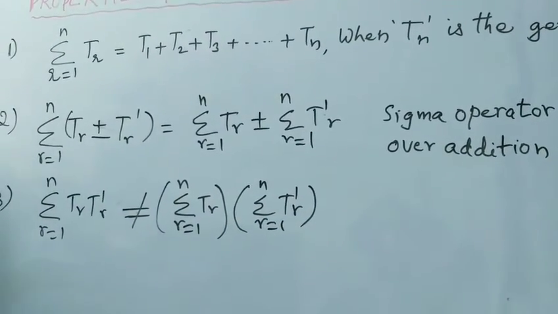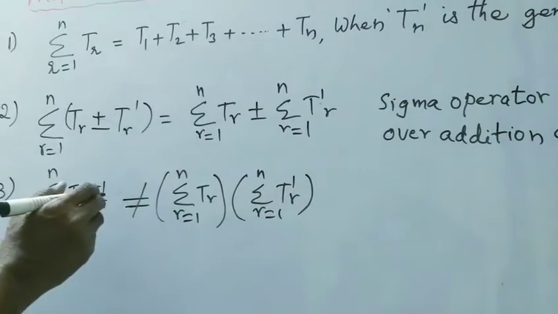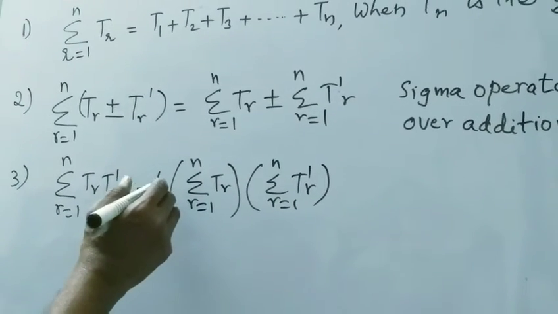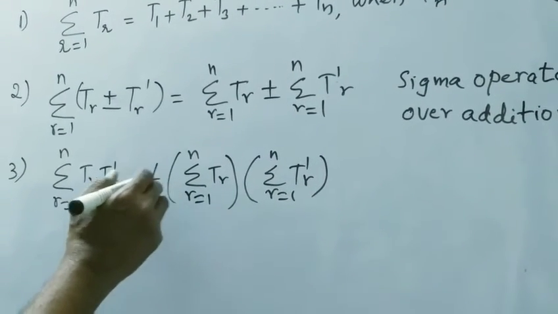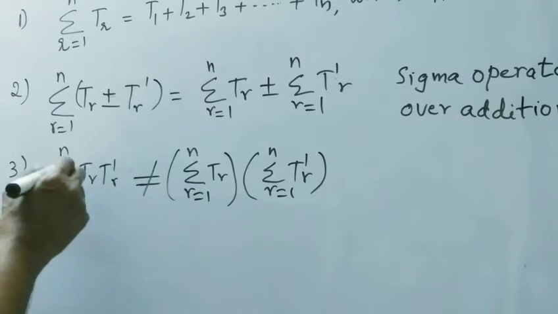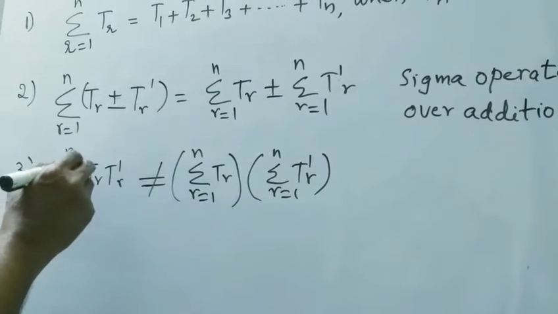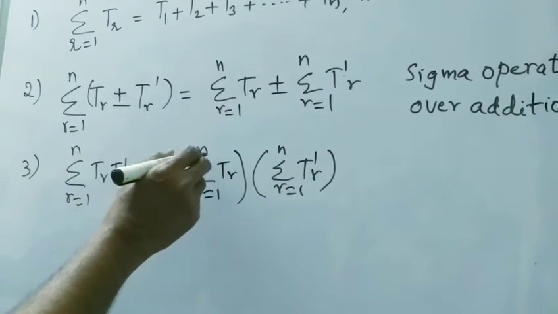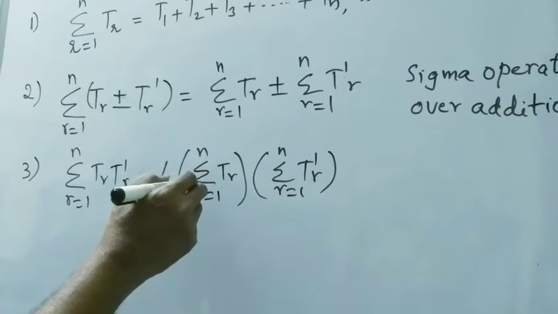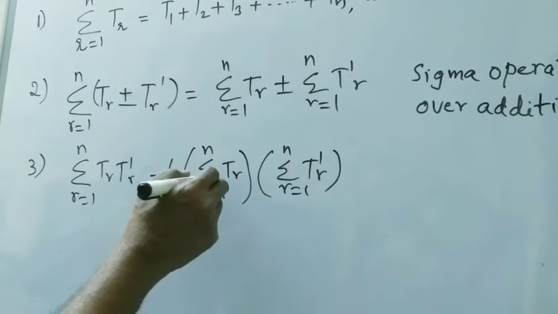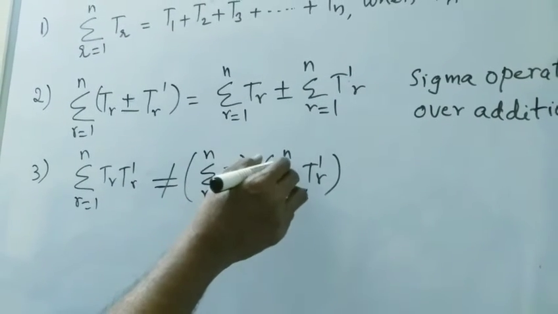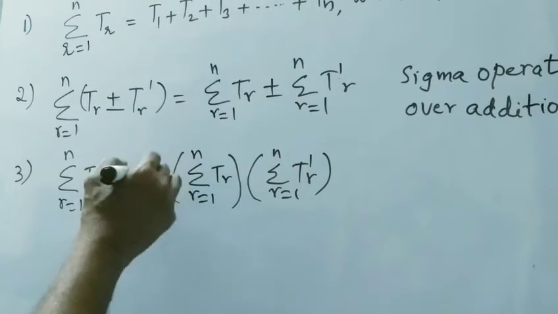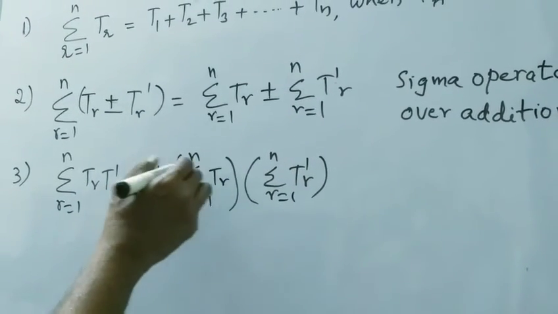Here the sigma operator is not distributive over multiplication. Here, listen to me carefully. Sigma r is equal to 1 to n, tr into t dash r, does not equal sigma r is equal to 1 to n tr into sigma r is equal to 1 to n t dash r. So here multiplication is not possible in this.